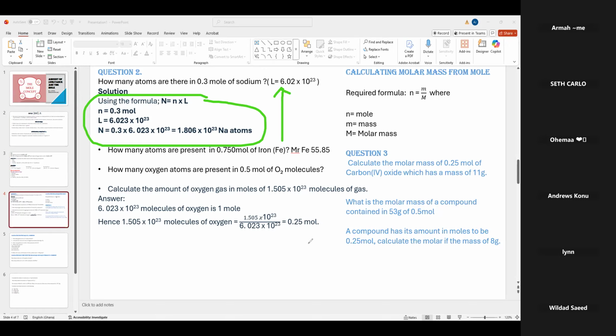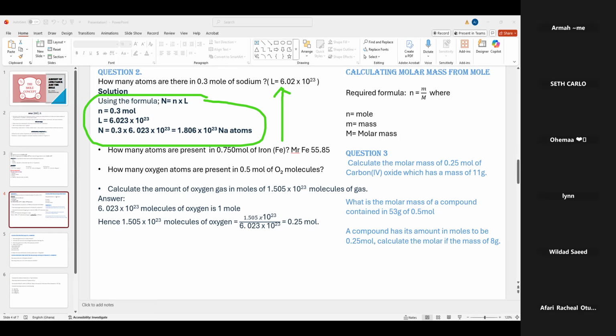Who else is finished? I got 4.515 times 10 raised to the power 23.